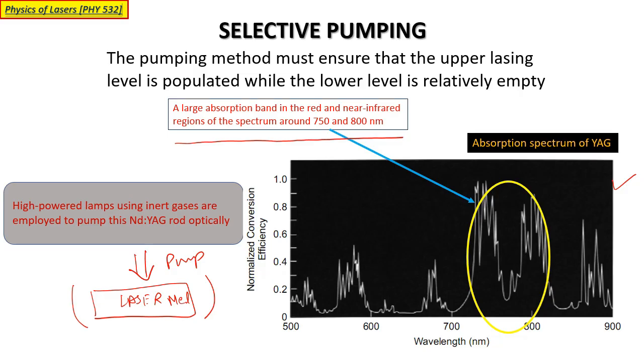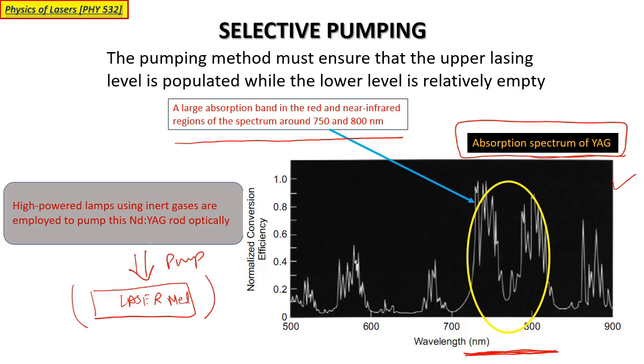So as you know, we already studied that one of the important solid state lasers is the YAG laser. What do you see here in this figure? The region around 750 to 800 nanometer is the most important part.